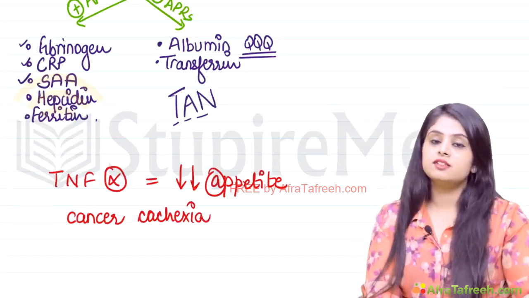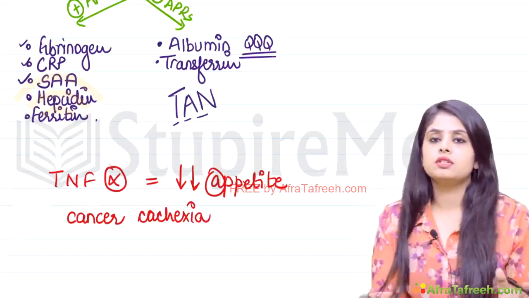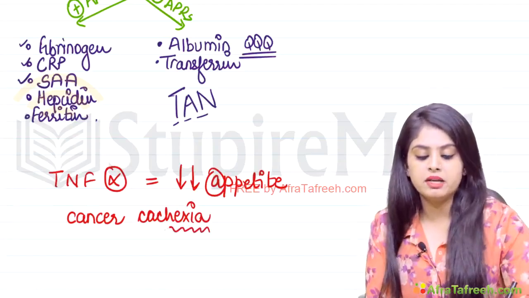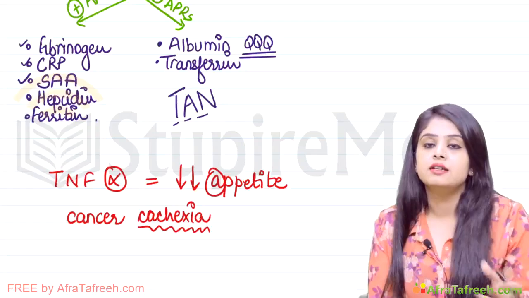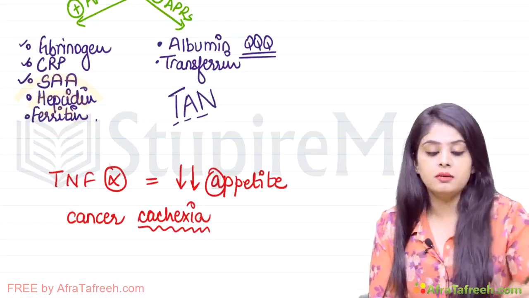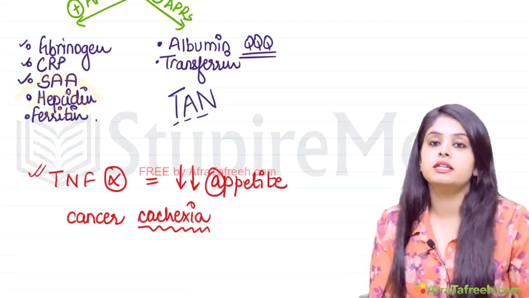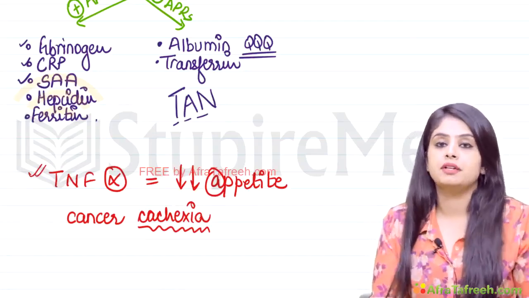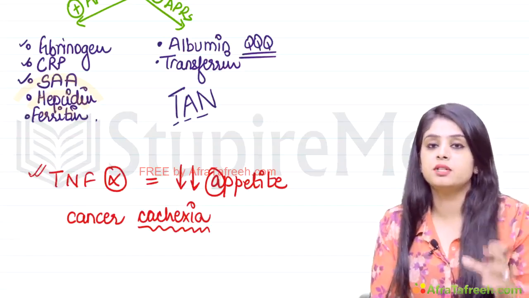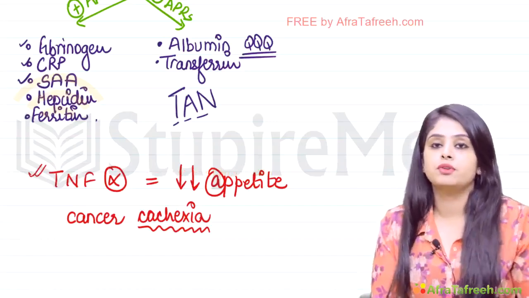In cancers or in extreme malnutrition, there is cachexia when the person becomes extremely thin and is said to be cachexic. What is that cachexia mediated by? That cachexia is mediated by TNF alpha. So A for alpha, A for appetite. This particular set is very important to know.